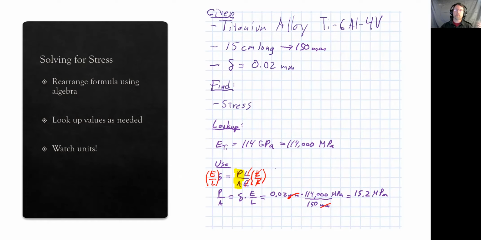We didn't need to know anything about that part of the problem. Okay, that was kind of cool. But make sure again that you watch the units. Now there are a bunch of other examples that I have in the playlist. And so hopefully now you'll be able to watch them and understand them a little bit better as to what I did and, most importantly, why.